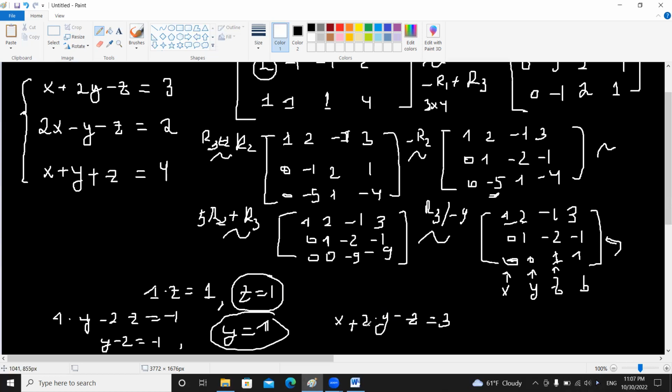So we can place all the numbers here. Y is 1, z is 1. So x plus 2 minus 1 equals 3. Well, obviously we get x equals to 2. So we have such a solution, x equals to 2, y equals to 1 and z equals to 1. You can check it. So it satisfies this.